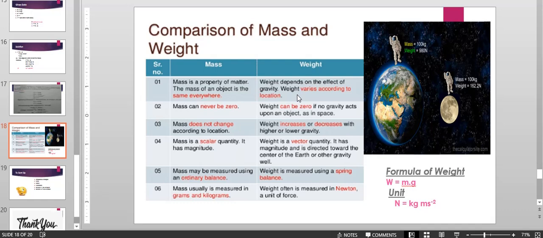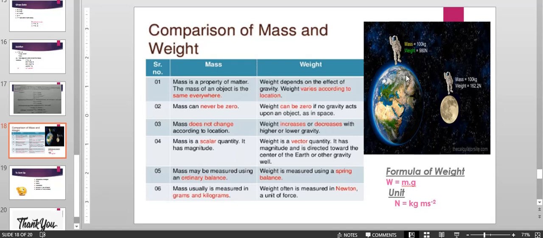Weight considers the force of gravity, right? Second, mass can never be zero, whereas weight can be zero if no gravity acts upon an object, as in space. For example, as you can see here, the mass of this astronaut is 100 kg on Earth, and if he goes to the moon, his mass will be the same, 100 kg.